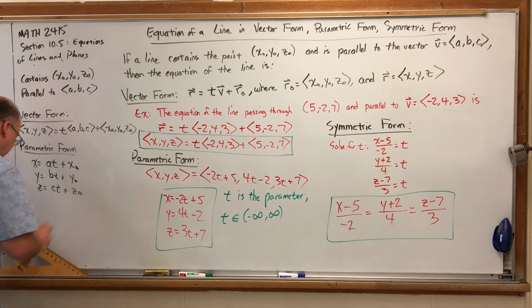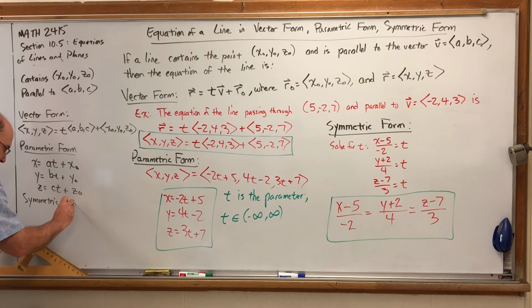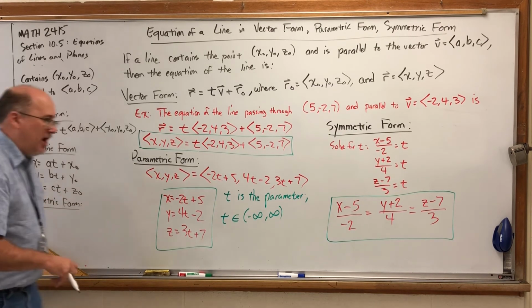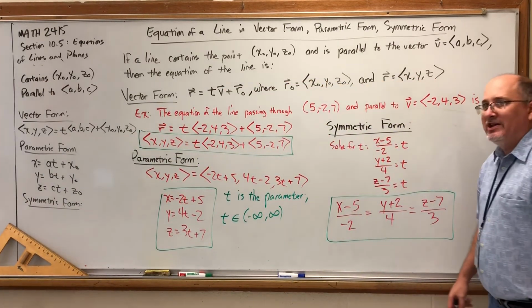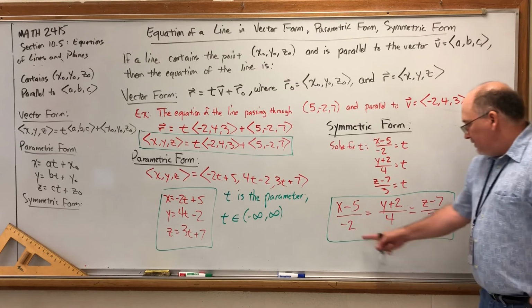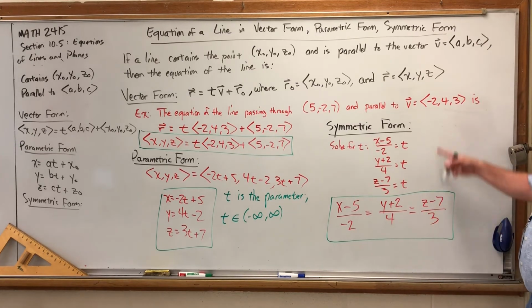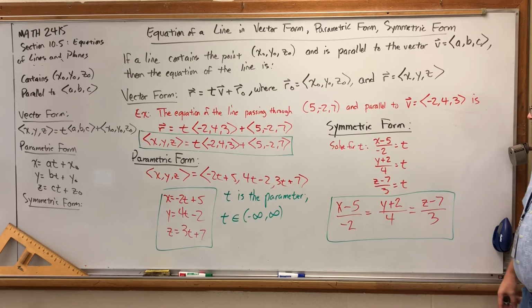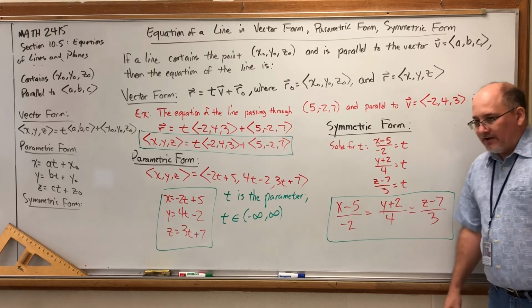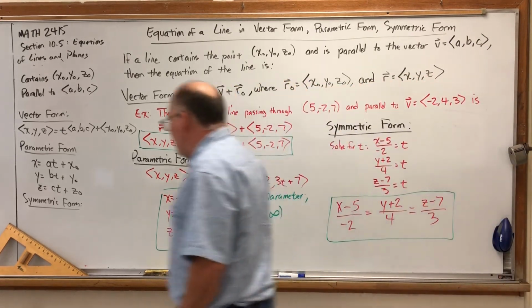And then symmetric form, and by the way, I forgot to mention that symmetric form is not always an option. Symmetric form is not always an option because by its own design it has denominators, and denominators can't be 0. If you think about it, these denominators all came from the vector. And so symmetric form only works if none of the parallel vector's components are 0.